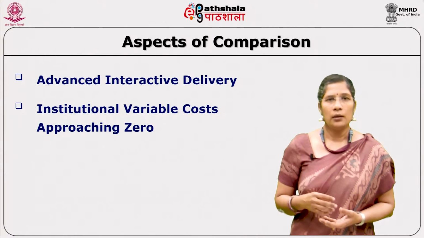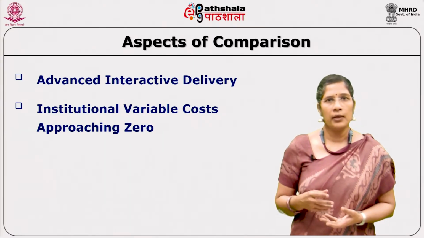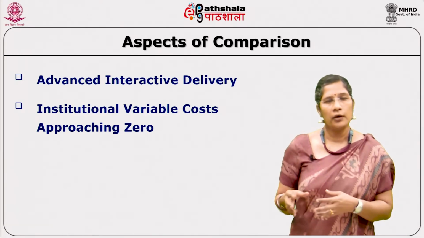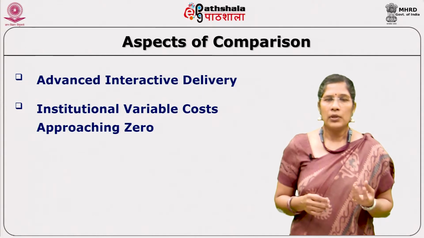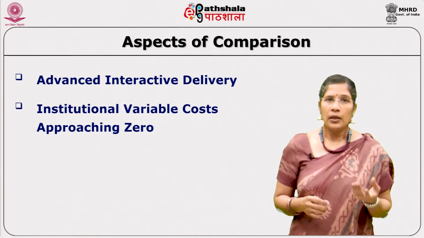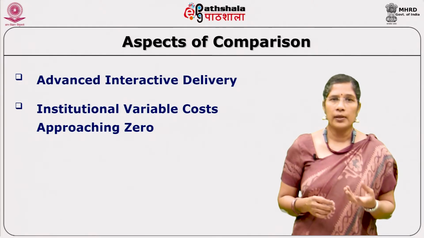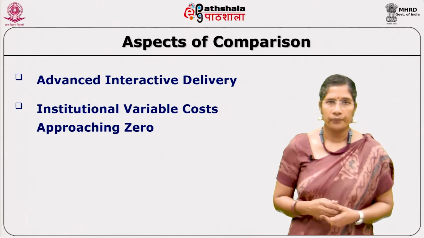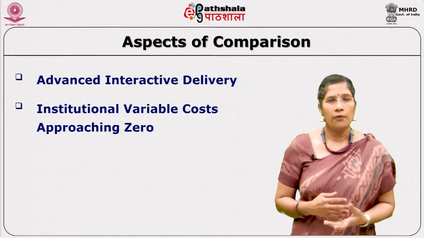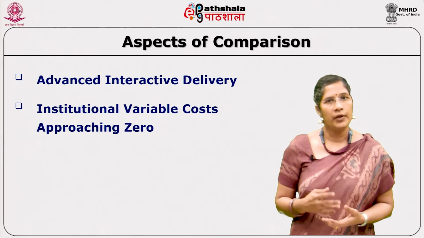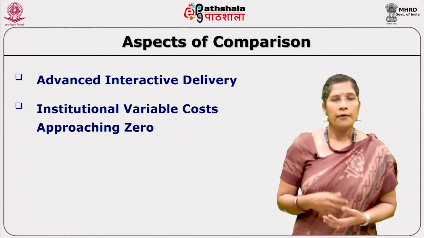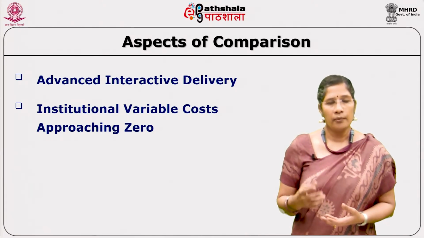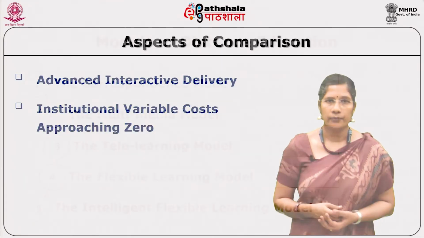Even while using this form of already existing infrastructure, there is some cost factor associated with it. So this is an aspect of comparison, that to what extent this cost is needed for operating a particular model of distance education. Thus, we have seen 4 aspects of comparison of various models of distance education. When we discuss each model, we will be talking about that model on these 4 aspects.